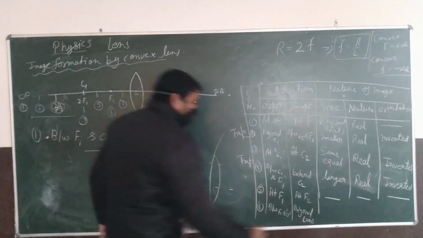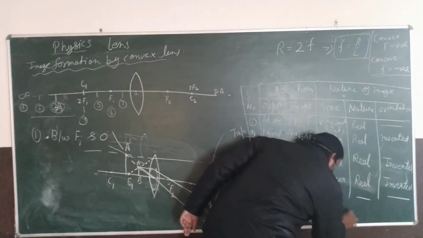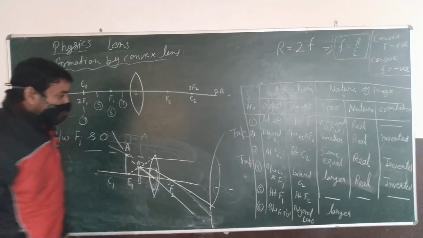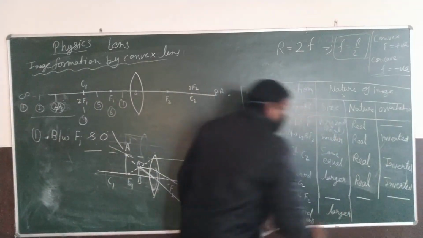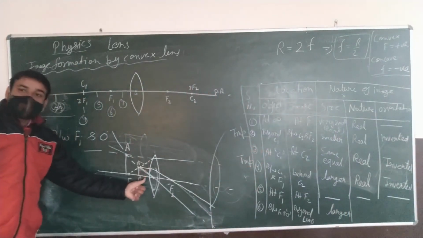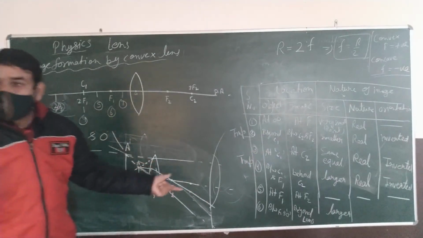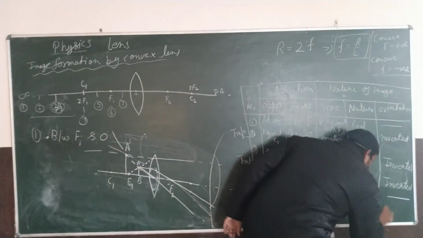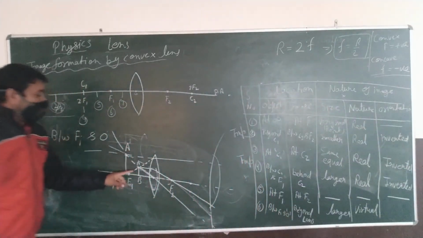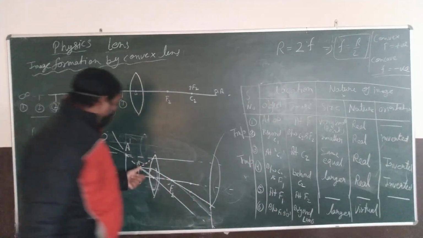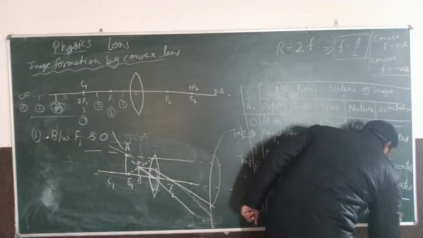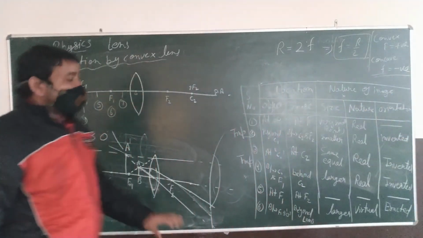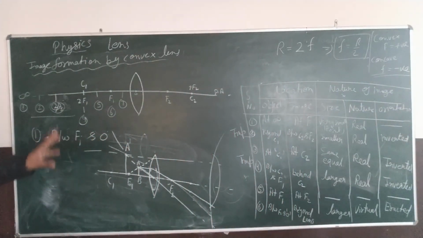The answer is larger, because this is the object and this much is the lens. The image formed is vertical, and last, erect or inverted? The answer is erect. This is how the image is formed by the lens.